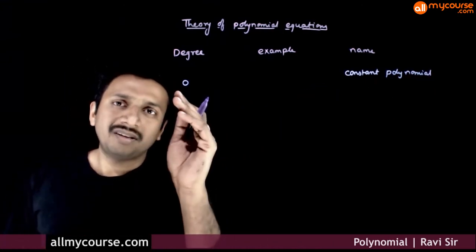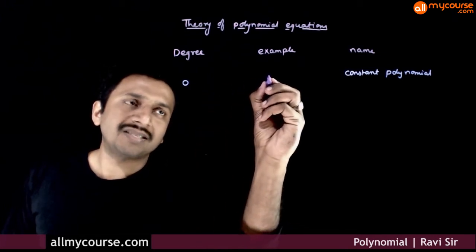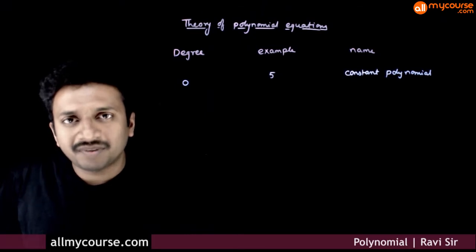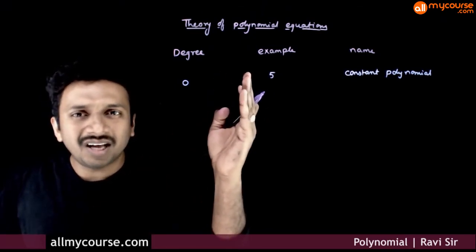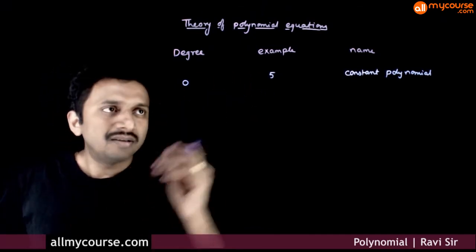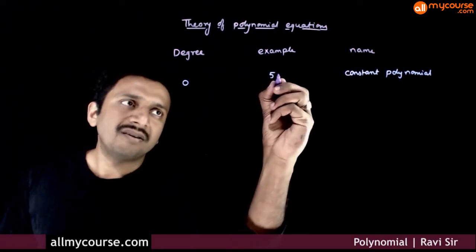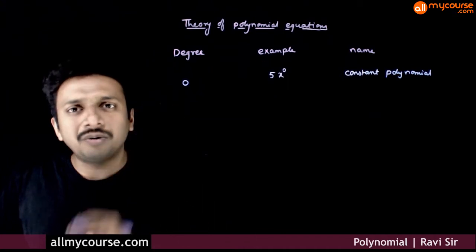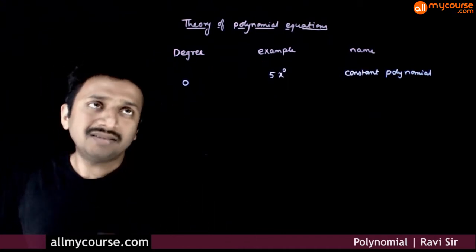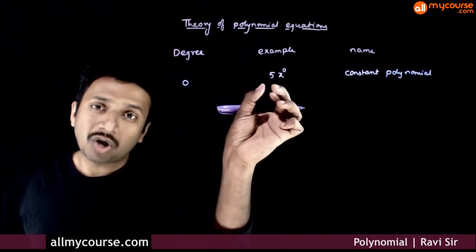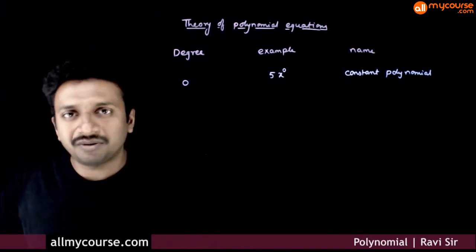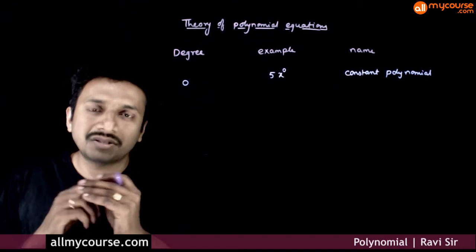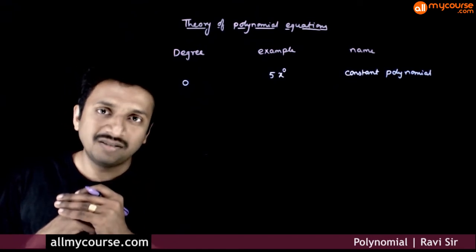If the polynomial is just a constant, for example, 5 is a polynomial. It does not have any terms consisting of x's. So you can think of 5 as 5 times x power 0. So it contains only 0 power of x. Hence, the degree of this constant polynomial is 0. So whenever you have a constant, it can be thought of as a constant polynomial of degree 0.